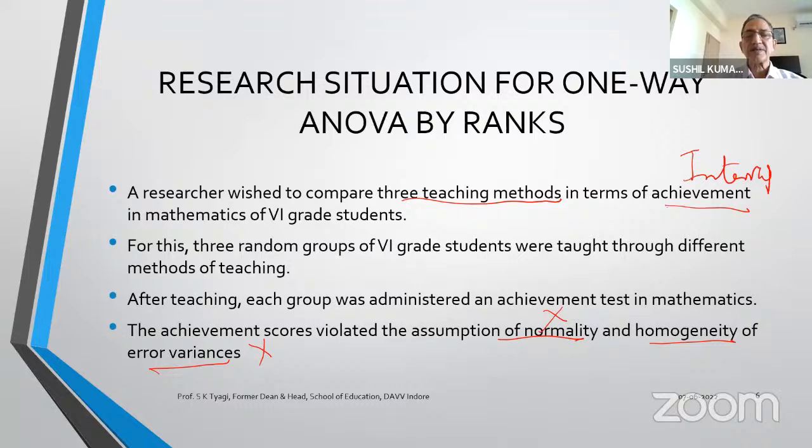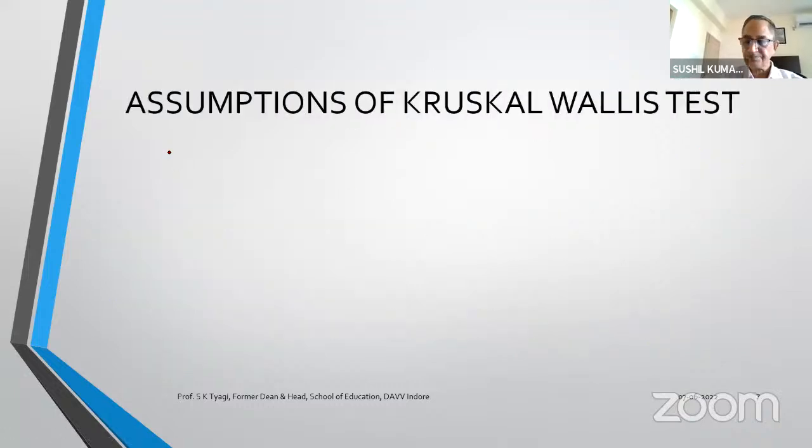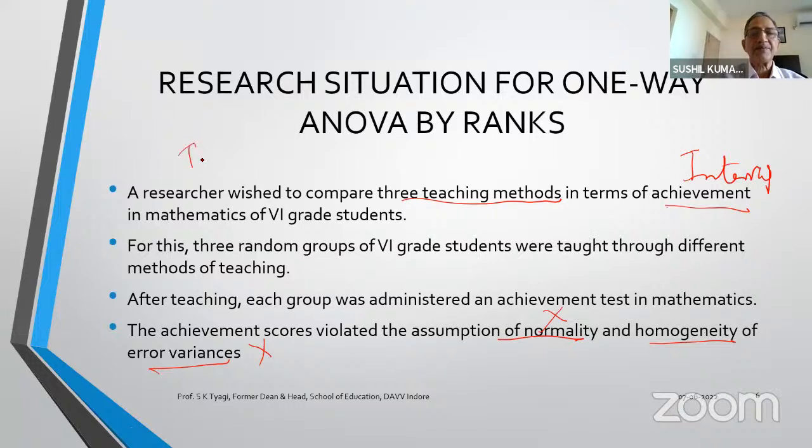Someone is asking the difference between one-way and two-way ANOVA. One-way ANOVA is when you have one independent variable. Two-way ANOVA is when you have two independent variables. For example, residence (rural, urban, semi-urban) and also gender (male, female).